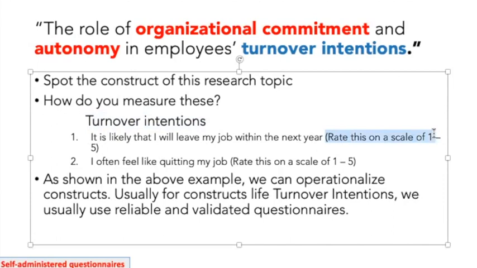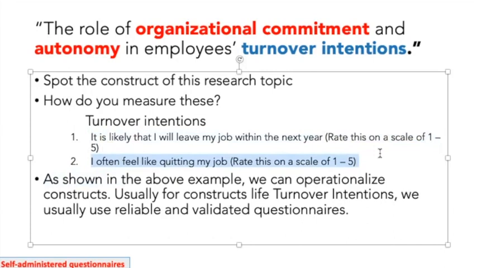So if someone rates 20, sorry, 10, because for the first one, the highest you can score is 5, and for the second, the highest you can score is 5. So if someone scores a combined score of 10 for both of these, that person has the highest likelihood to go out. And if someone scores 2, that person has the least likelihood to go.